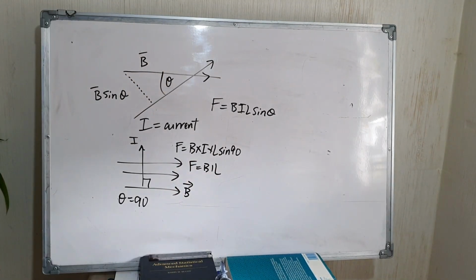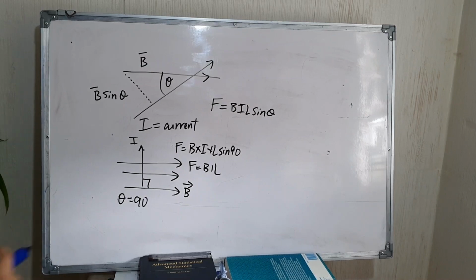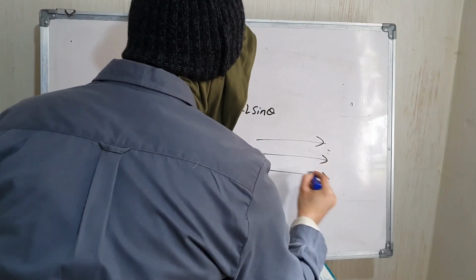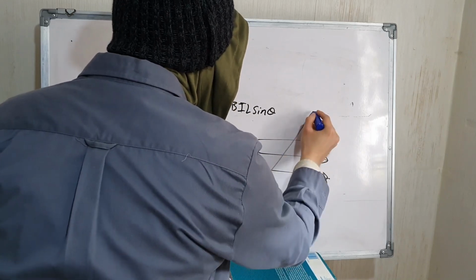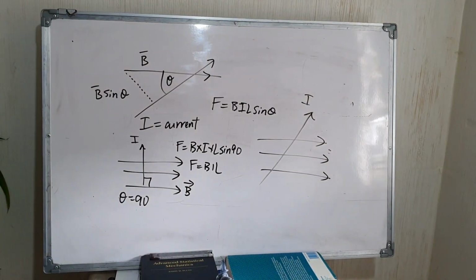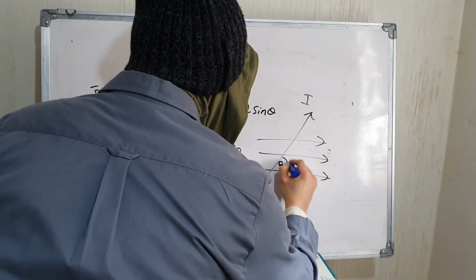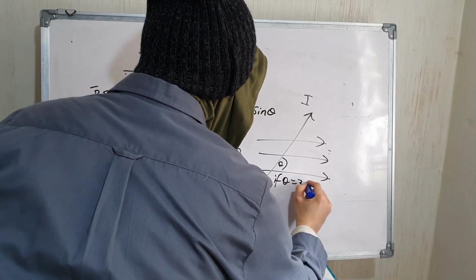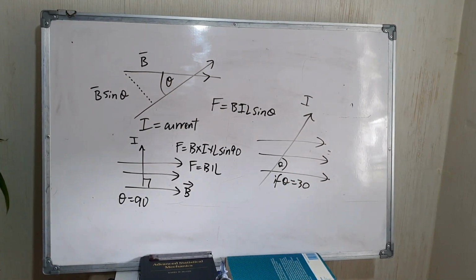Okay. Now if theta is at an angle, let's just draw the field lines, and then suppose the current is going in this direction. Then using BIL, suppose theta is 30. So if theta is 30, what is the force?